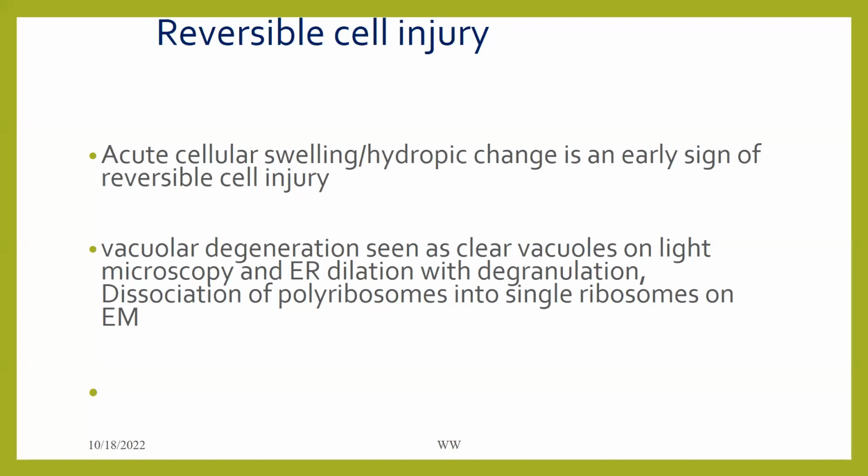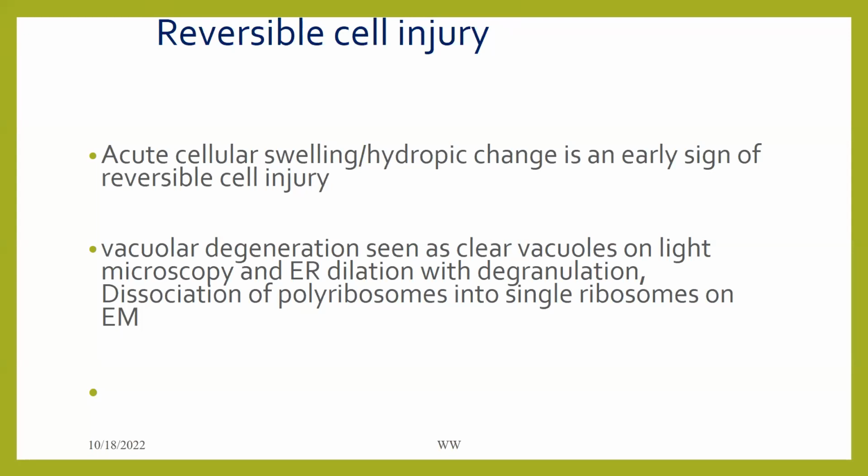There are those defined as reversible changes that we can see on light microscopy, and the ones that we require electron microscopy for. Under the light microscope, reversible changes show as fluid movement into the cell, causing the cell to swell.